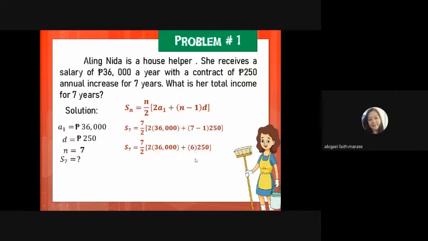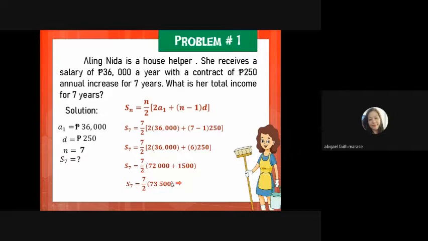So 250 pesos times 6, we will arrive with 1,500. And when we multiply 2 with 36,000, that is 72,000. So 72,000 plus 1,500, let's do that first in the parenthesis, that is 73,500.